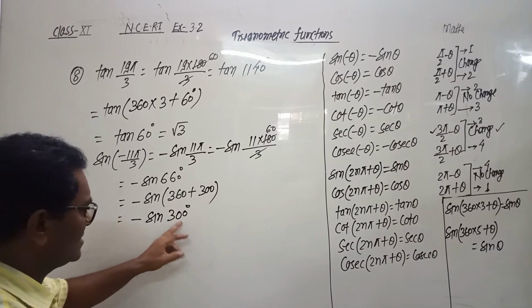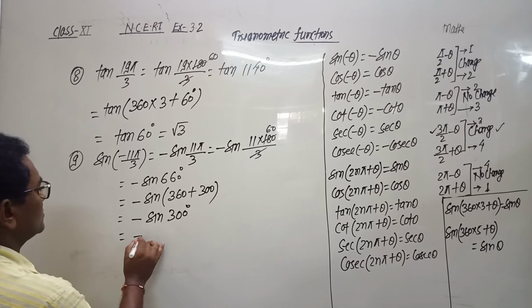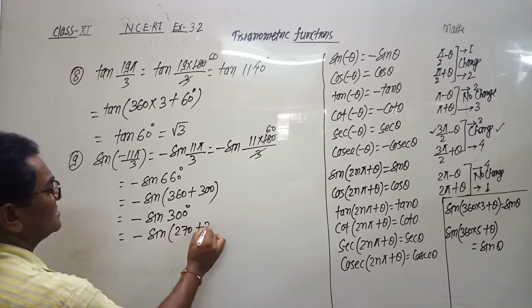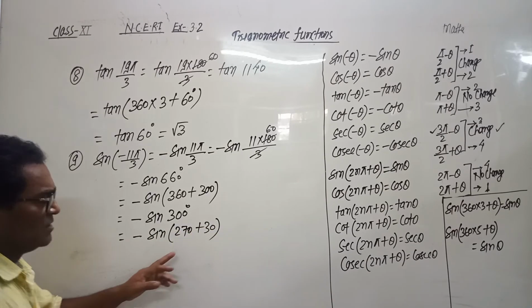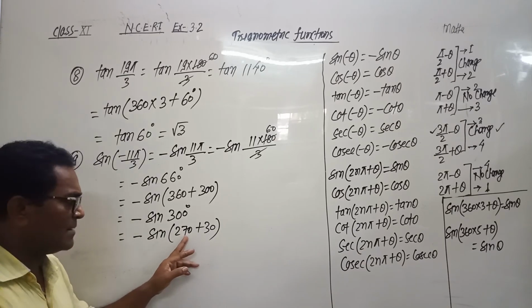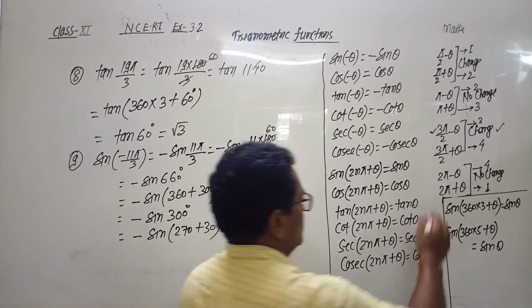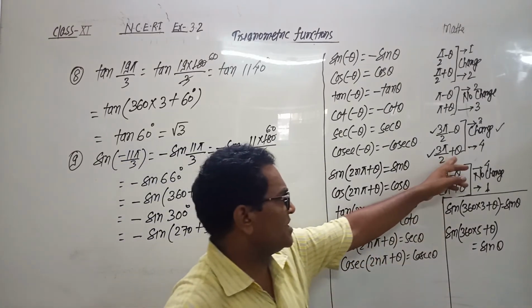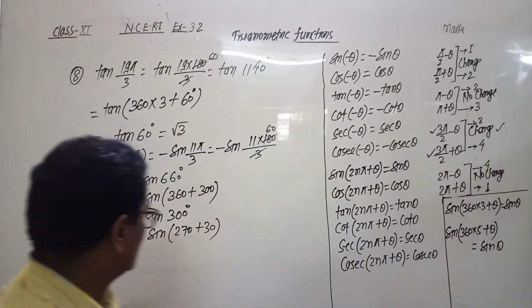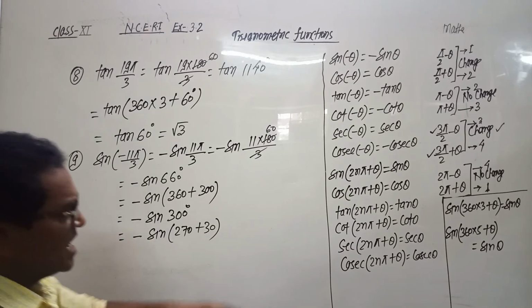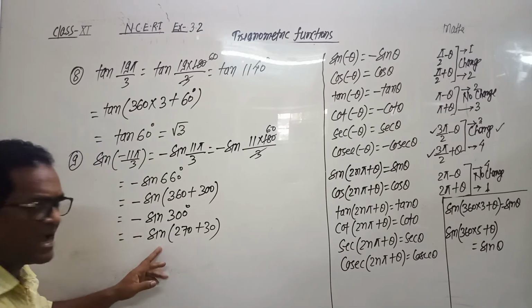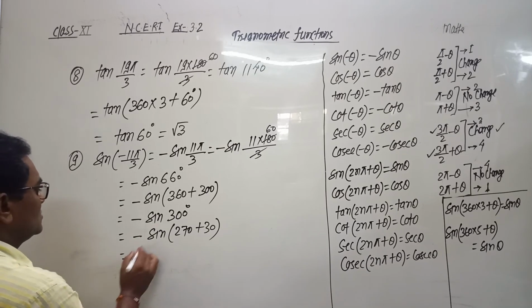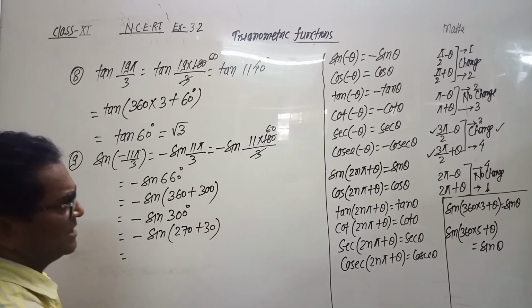Now let's convert 300. So 300 is written as sine of 270 plus 30. 270 means 3 pi by 2, and we are using this formula 3 pi by 2 plus theta. In this there is a change, so sine becomes cos, and in the fourth quadrant sine is negative, and already there is a minus sign, so it becomes plus.